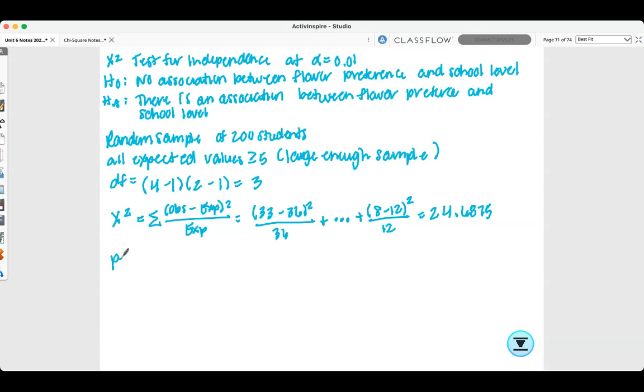It also will give you your p-value, and the p-value for this one was 1.79 times 10 to the negative 5. So here my p-value is less than alpha, because my p-value, 1.79 times 10 to the negative 5, is less than 0.01. So I reject the null hypothesis.